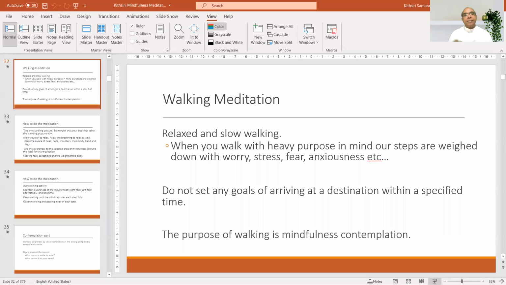So ignorance means your unawareness of the fact that each physical movement is also a kind of suffering. Of course, we don't normally consider that as suffering, but it is work, right? Some work to do. Therefore, it is a suffering.